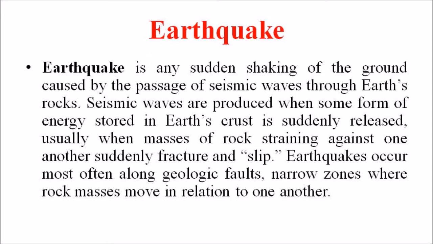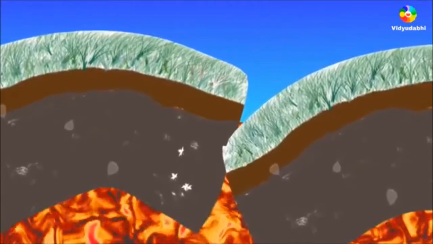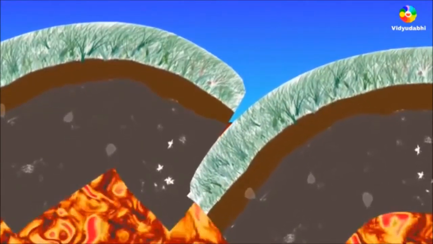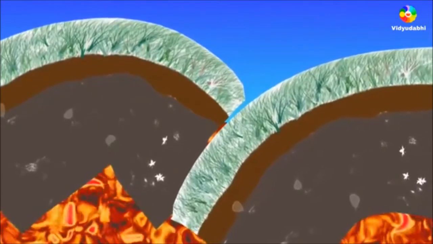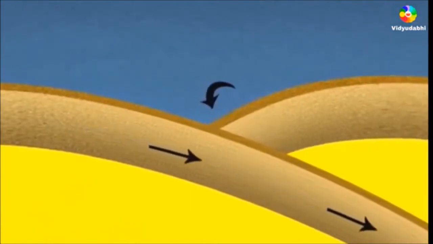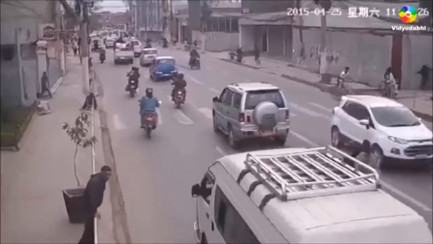Earthquakes occur most often along geological faults, narrow zones where earth masses move in relation to one another. The major fault lines of the world are located at the fringes of the huge tectonic plates that make up Earth's crust. About 50,000 earthquakes large enough to be noticed without the aid of instruments occur annually over the entire Earth.